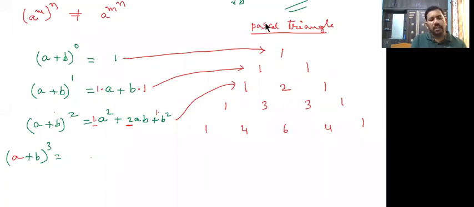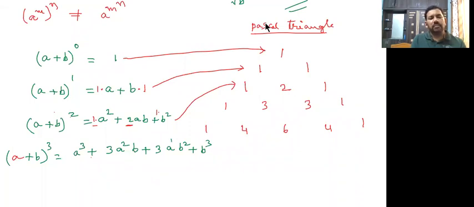Now see here, a plus b whole cube formula we already know: a cube plus 3a square b plus 3ab square plus b cube. Here observe that for the first term a, the power is decreasing: a cube, a square, a power 1, next a power 0.